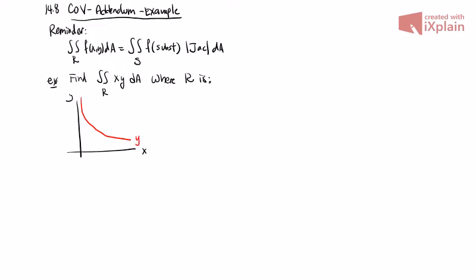This one will be y equals 1 over x. I'm going to call that number 1 so we can reference it. This will be y equals 2 over x. I'll call that 2. This line is y equals 1/3 x, and this will be y equals 4x. And these will be 3 and 4.